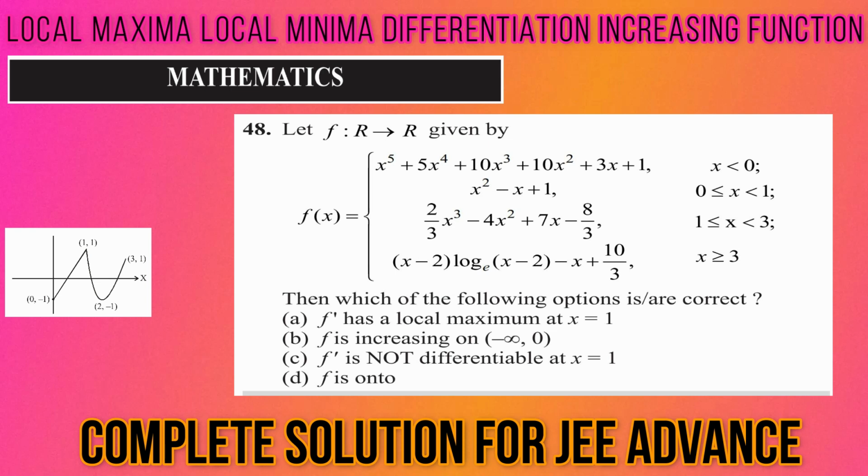When a function is increasing, its derivative is greater than 0, so we have to apply that concept on the interval negative infinity to 0. The third option says that f dash is not differentiable at x equal to 1, that means f does not possess a derivative at x equal to 1.